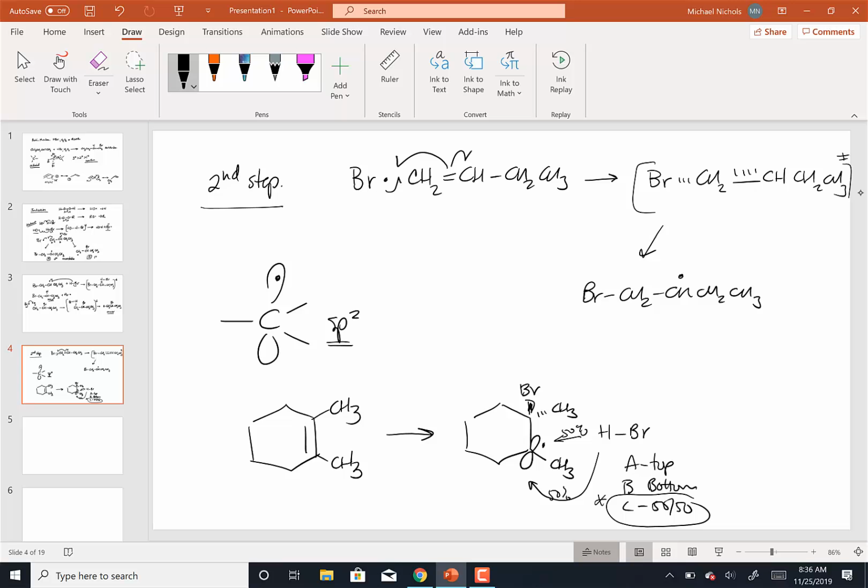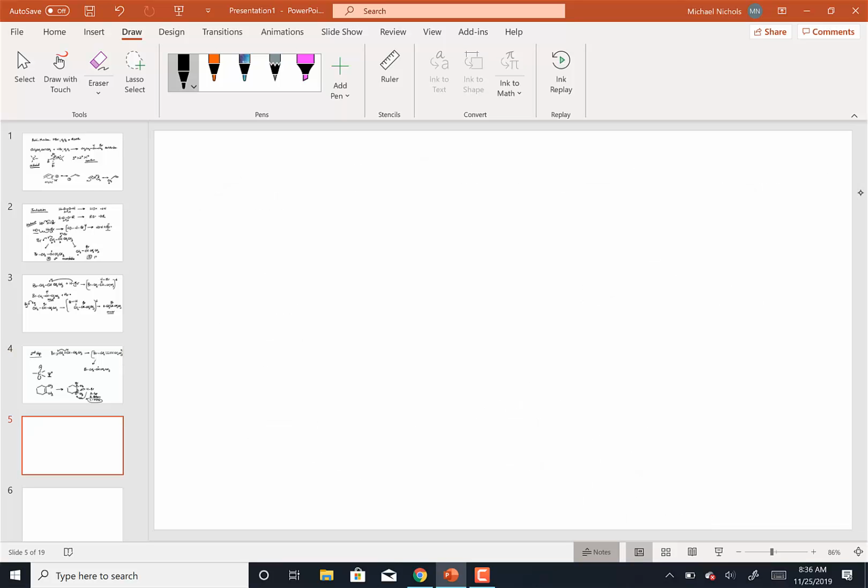So now let's talk about regioselectivity. Regioselectivity has two parts to it. Regio and selectivity. I make that a point because let's define what each one of those means.